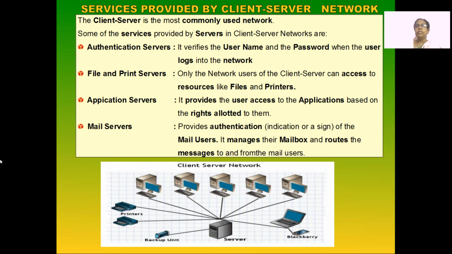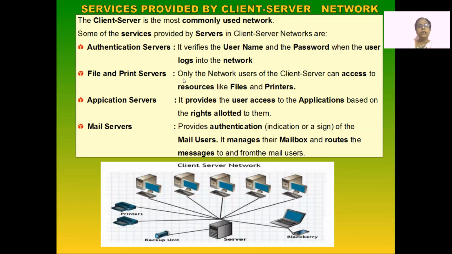Before you get in and use the applications, you first have to give your username and your password. If a user of this client-to-server network enters them correctly, then you can log in, because it has high security.